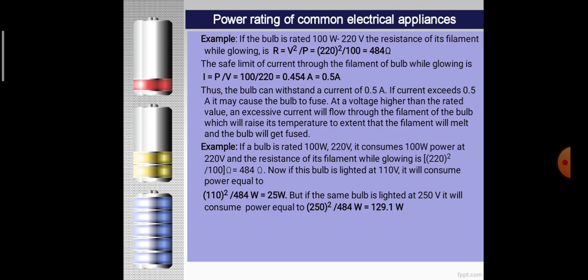Now, if this bulb is lighted at 110 volt, it will consume power equal to 110 the whole square divided by 484 watt, which is equal to 25 watt. But if the same bulb is lighted at 250 volt, it will consume power equal to 250 whole squared divided by 484 watt, which is 129.1 watt.